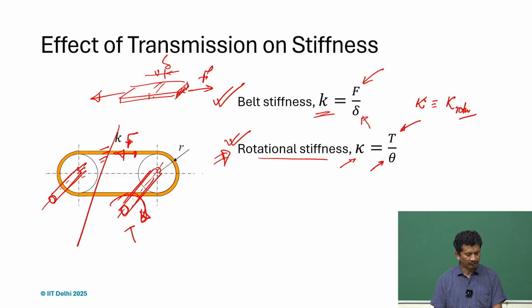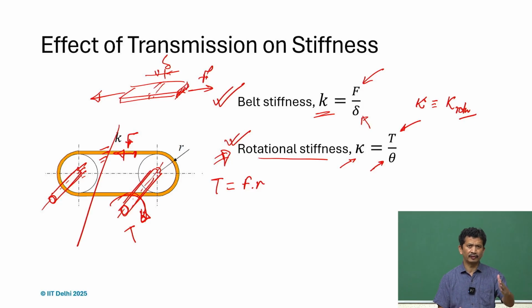When we try to relate these two, from the equilibrium condition, or if we make the free body diagram, we realize that T is nothing but F times R, the radius of the pulley. What about delta and theta?